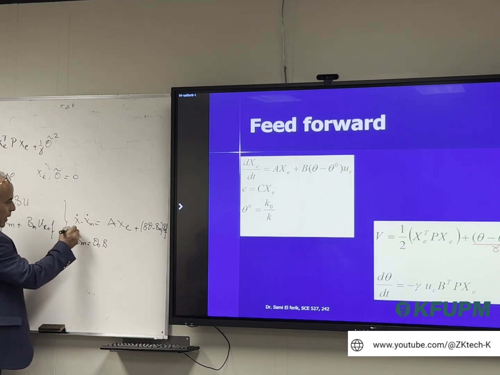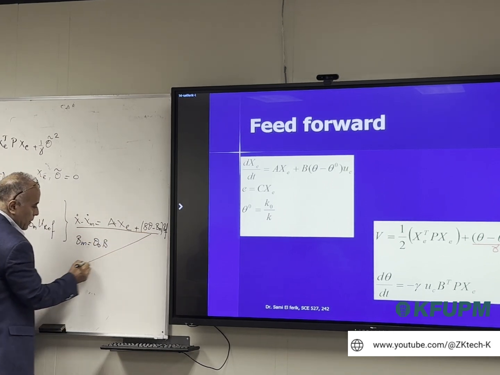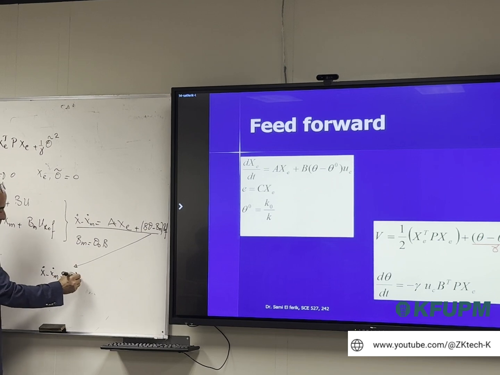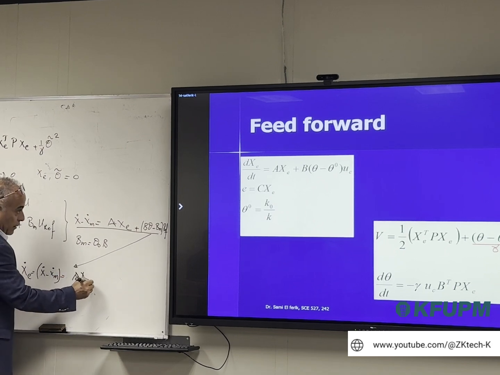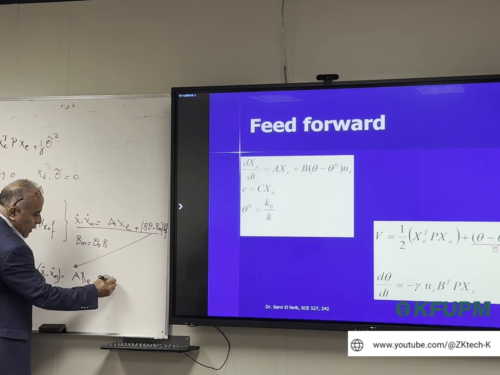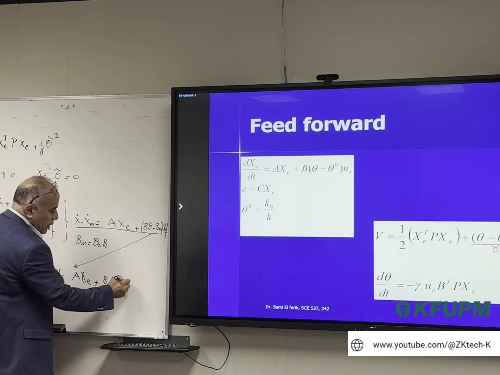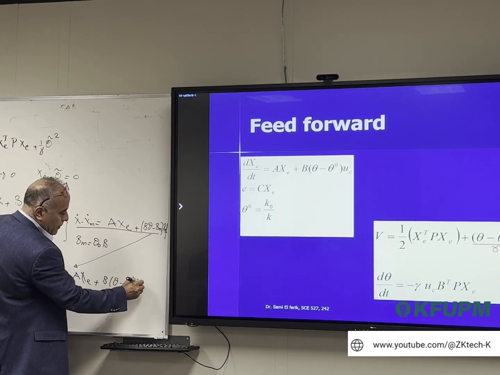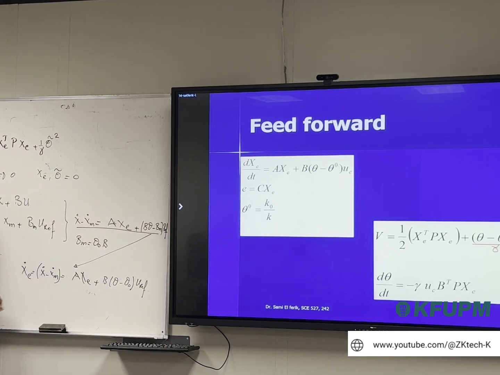So basically when we write this dynamic, we are able to write it as x prime minus xm prime, which is of course xe dot, equal to A times xe plus B multiplied by theta minus theta 0, the whole thing multiplied by the reference. So this is my model. This is the dynamic of the error.